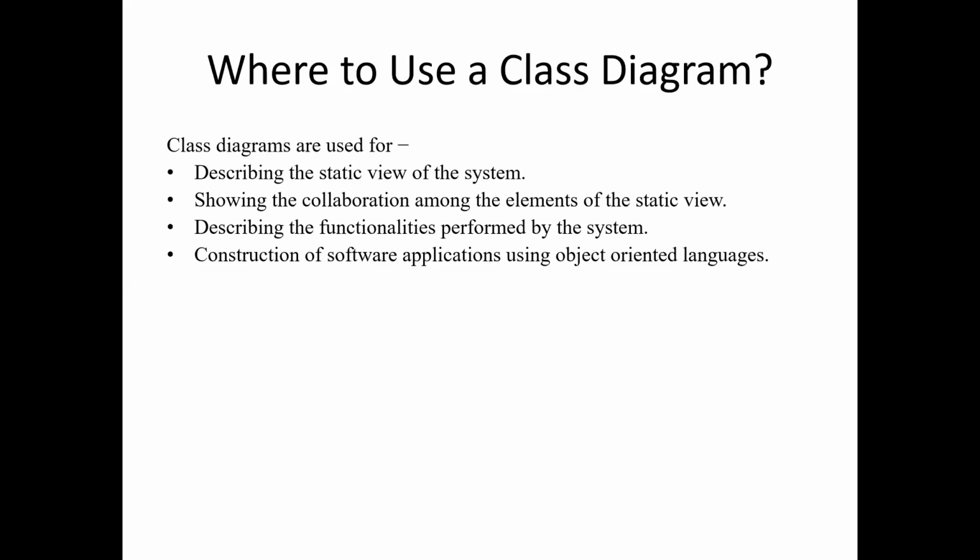A class diagram clearly shows the mapping with object-oriented languages such as Java, C++, etc. From practical experience, a class diagram is generally used for construction purposes. Class diagrams are used for describing the static view of the system, showing the collaborations among the elements of the static view, describing the functionalities performed by the system, and construction of software applications using object-oriented languages. So in these situations, we use the class diagram.